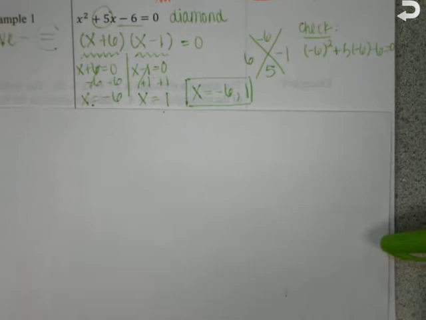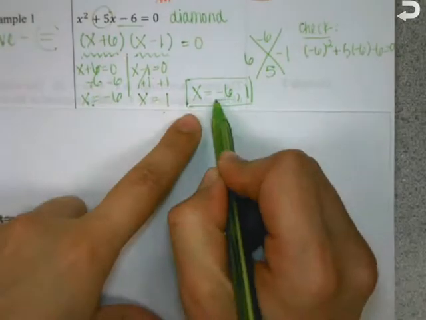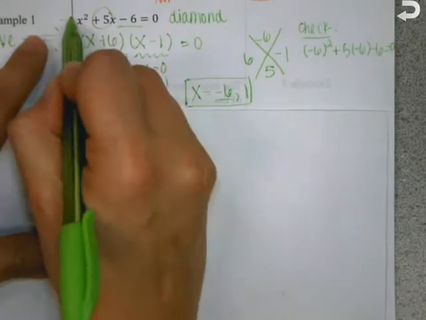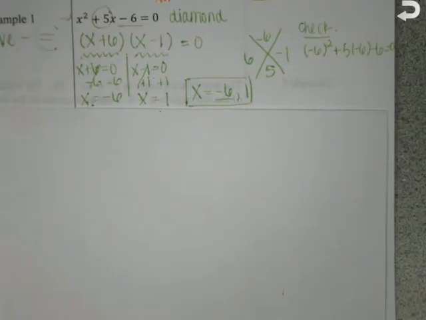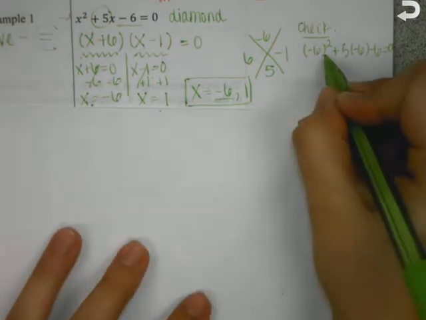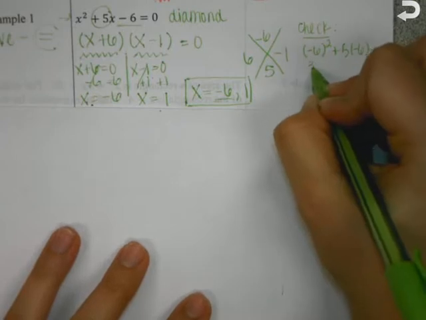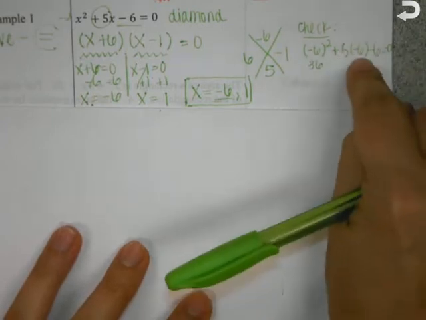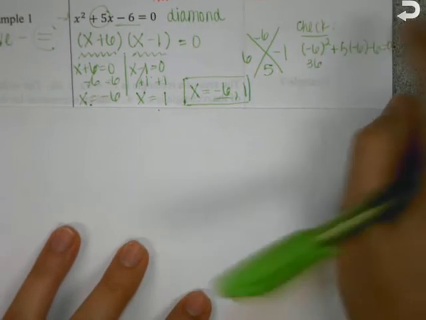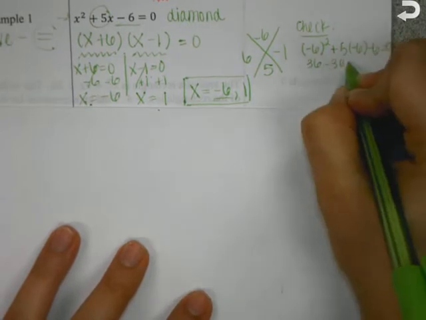Okay, so all I did was I took -6, my first answer, and plugged it into the original problem. But because it was a negative, I had to put it in parentheses. Okay, what is -6 in parentheses squared? 36. What's 5 times -6? -30 minus 6 equals 0. Okay.